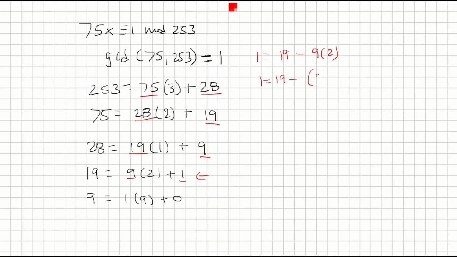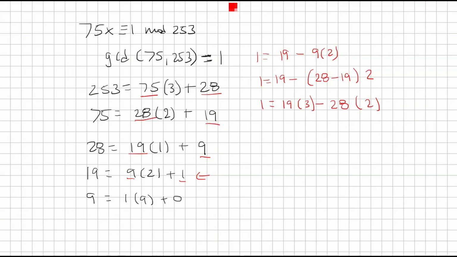So instead of 9, we're going to have 28 minus 19, times 2, which we can simplify as, well, if I distribute the 2, I have 28 times 2, so we have minus 28 times 2, and then we have negative 19 times 2. That's going to be 2 times 19, and then plus another 19 will be 3 times 19.